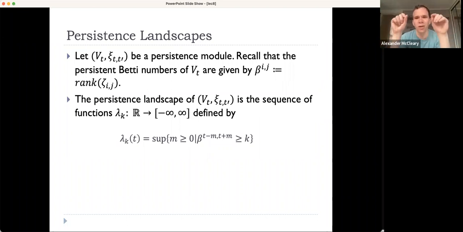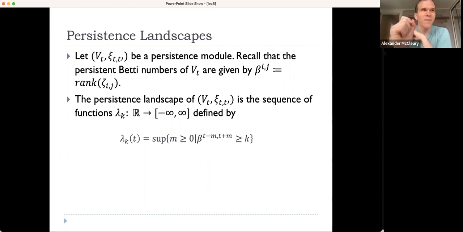It's the largest value m such that, if we look at the interval of radius m around t, the rank of the map is at least k. So let's fix our t.